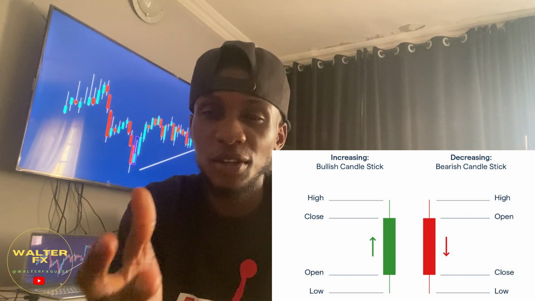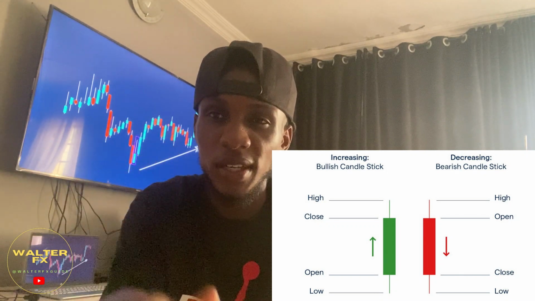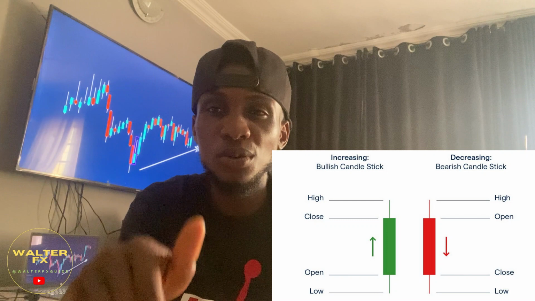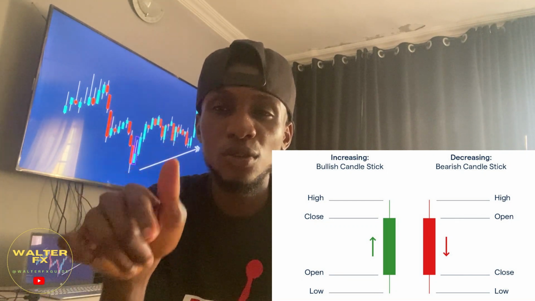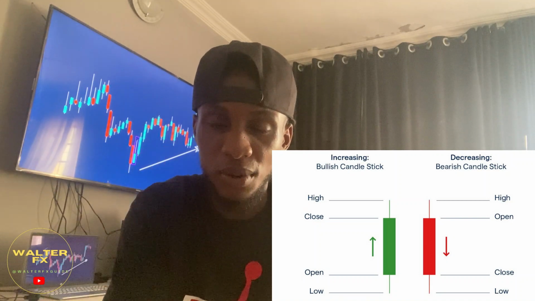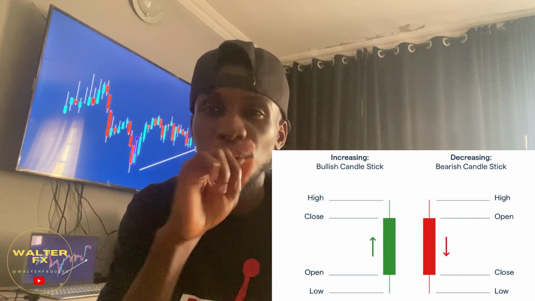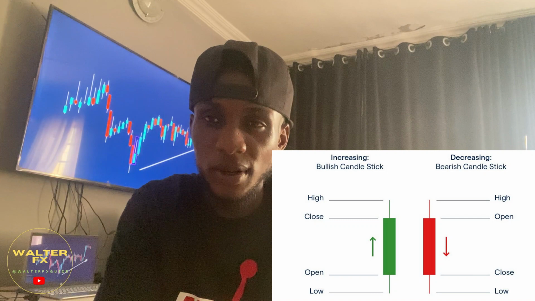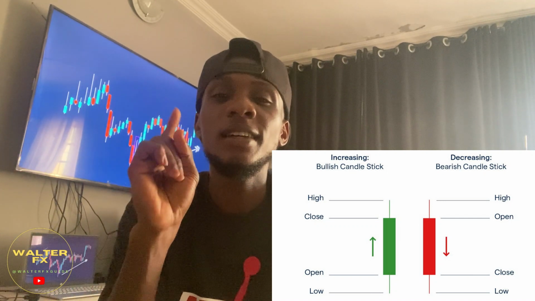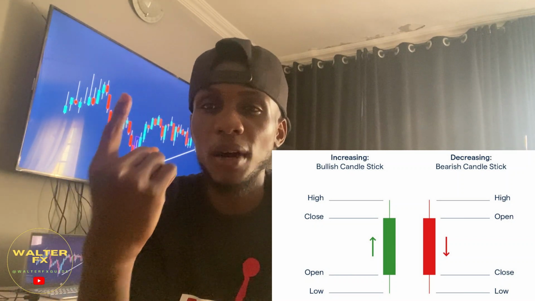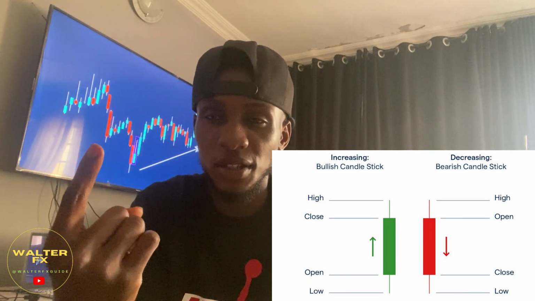That's when the sellers are in control of the market and the price is going down. You'll see bear candles forming when the market is going in a downwards direction, and bull candles when the market is going upwards and the buyers are in control.